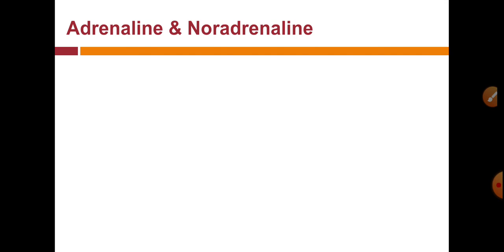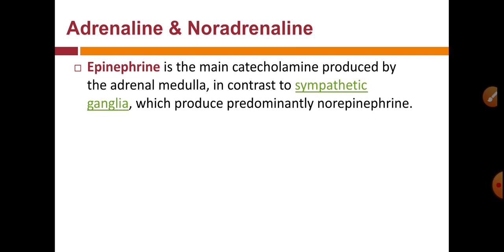Their action is similar to the sympathetic nervous system, because adrenal medulla and sympathetic nervous system both are developed from neural crest. Let us see in short the actions of adrenaline and noradrenaline. Epinephrine is the main catecholamine produced by adrenal medulla, because epinephrine secreting cells are 90% in the adrenal medulla.